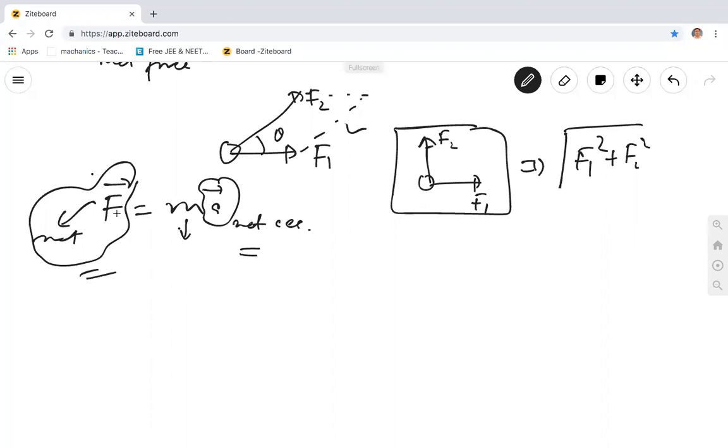F means not a single force on an object, it means the resultant of all the forces acting on the object. Sometimes there's a single force and then there's no problem, you have to mention only that force. But sometimes there are many forces on an object. In that case, you have to find the vector sum, right? You have to be very careful about it.